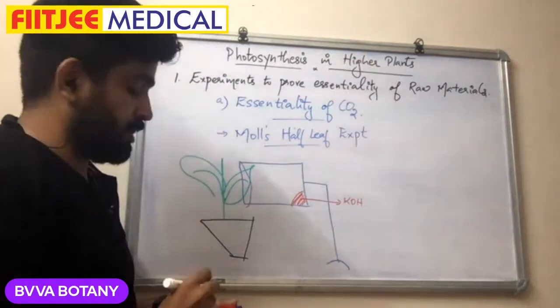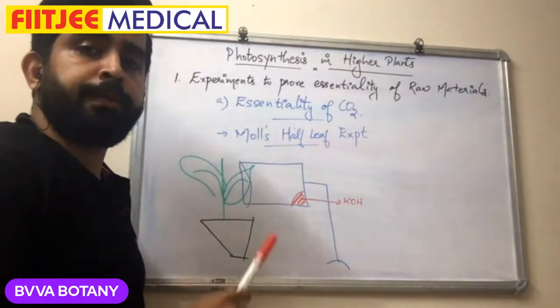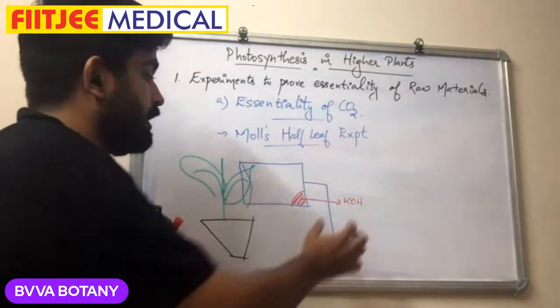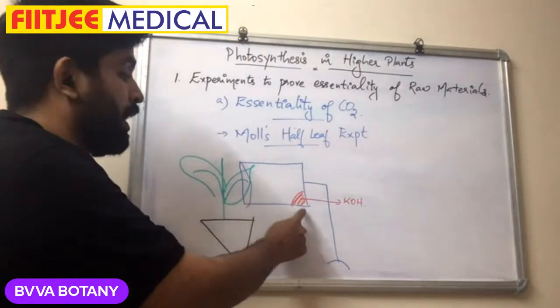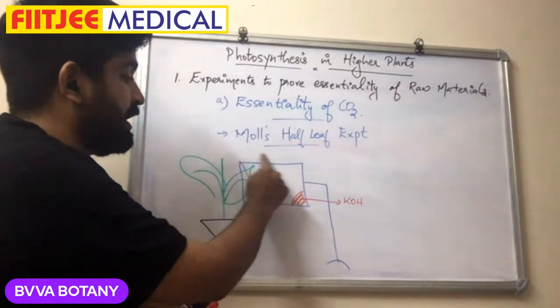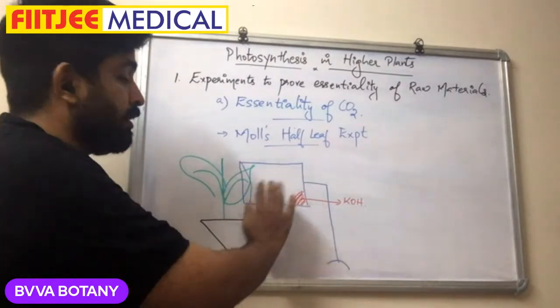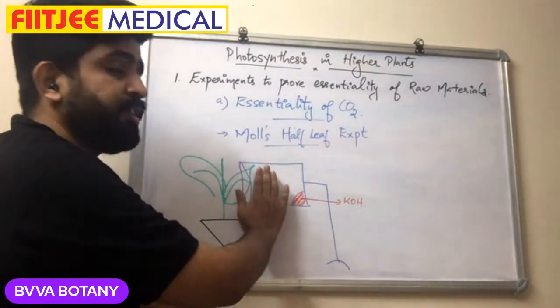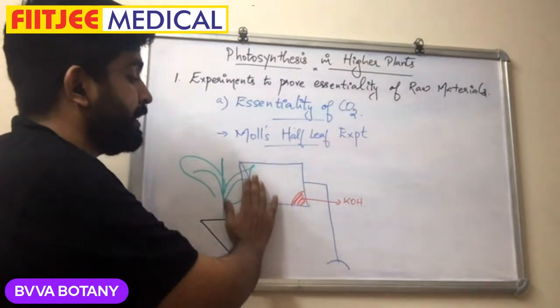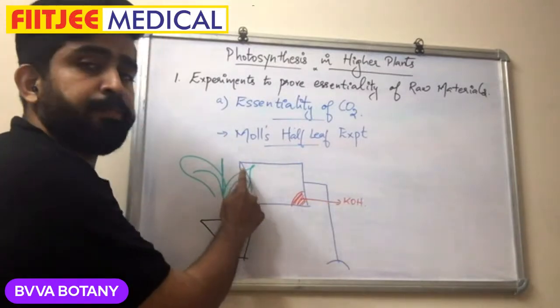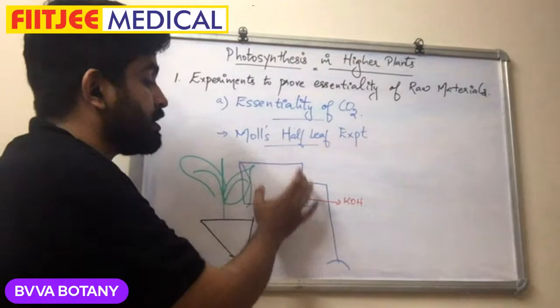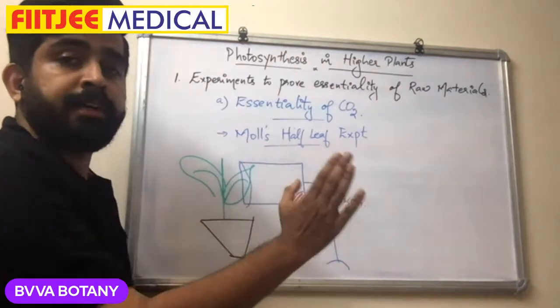KOH has one peculiar feature: it absorbs carbon dioxide. So the region inside the jar is now completely free of carbon dioxide, because it is absorbed by the KOH. So half of this leaf is in a region where there is no carbon dioxide at all.